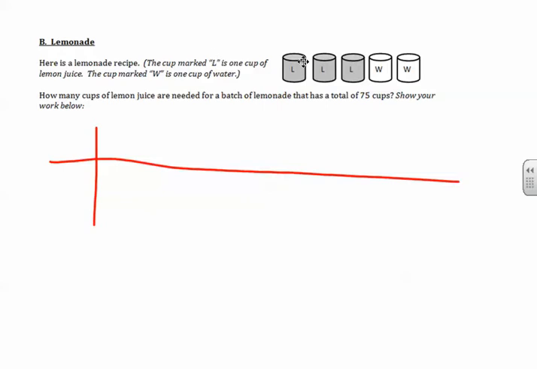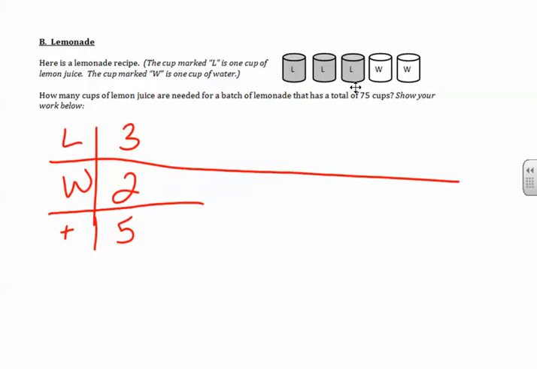Right now, my ratio of lemon juice to water is 3 lemon juices to 2 waters. So for right now, what is my total? I have a total row. Right now I have 5, but what do I want to get to? I want to get to a total of 75.